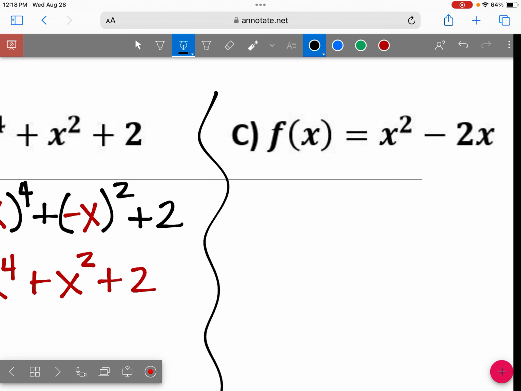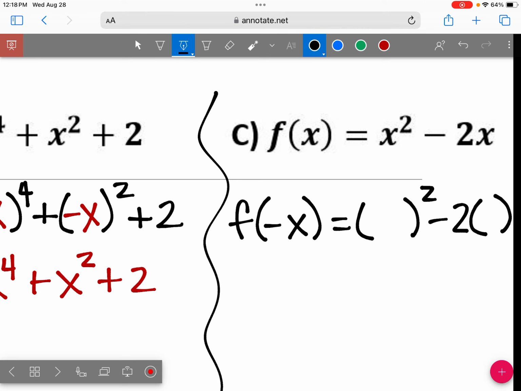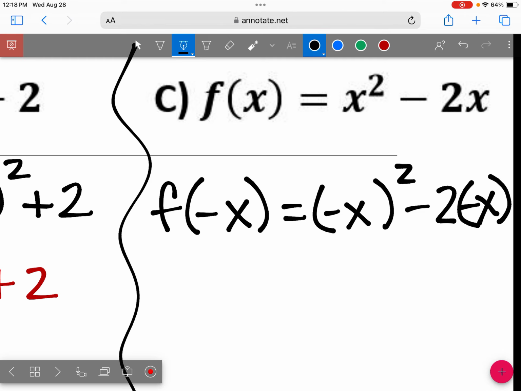All right, last one, and then I'm just going to have you glue down something for tomorrow, and that'll be it for today. So we got f of negative x, and we put our negative x here and here. The problem with this one is that we have an even power and an odd power.